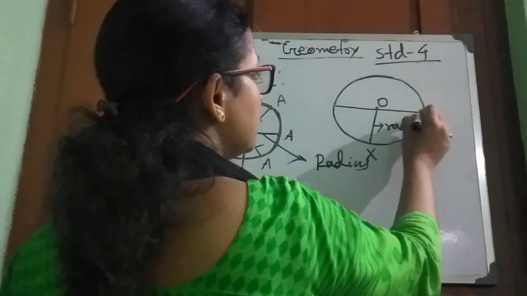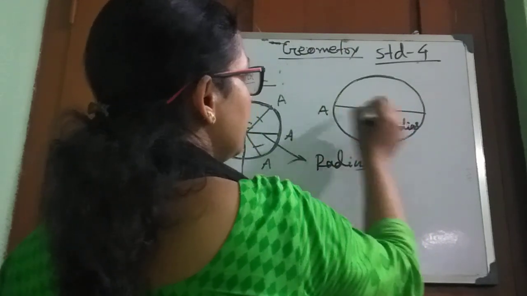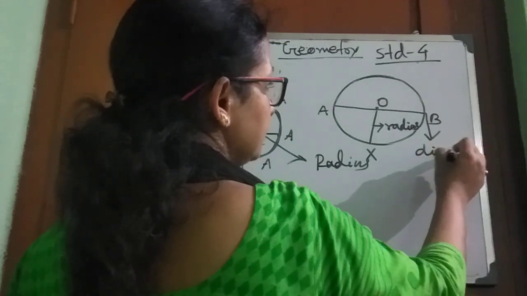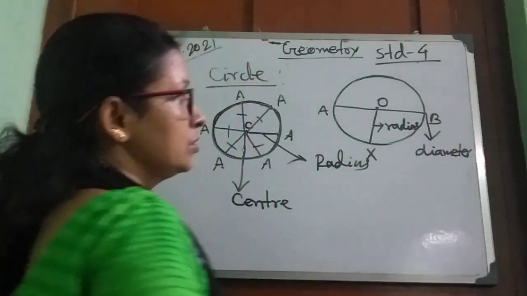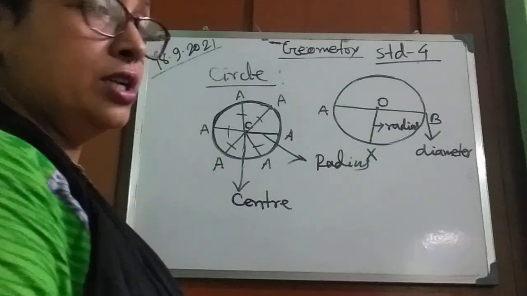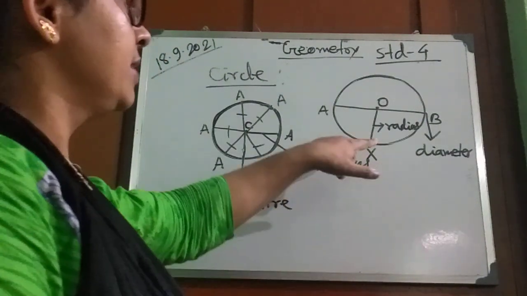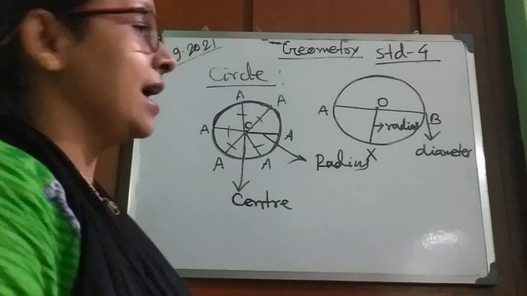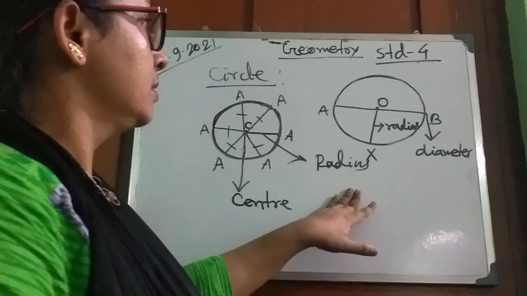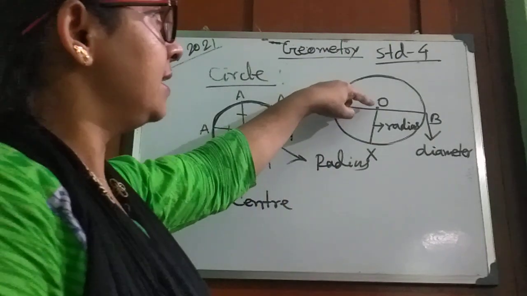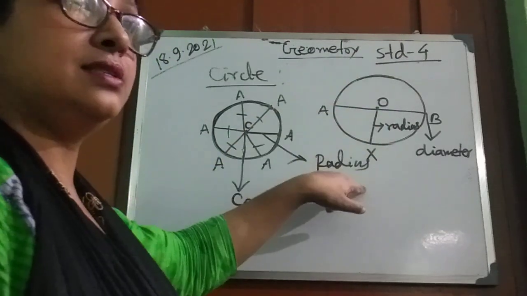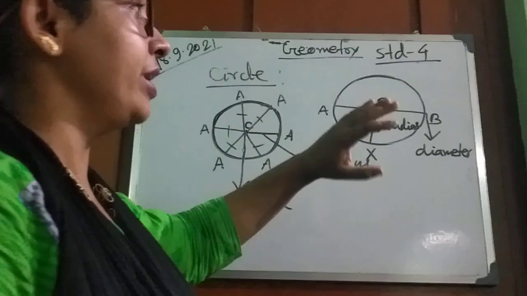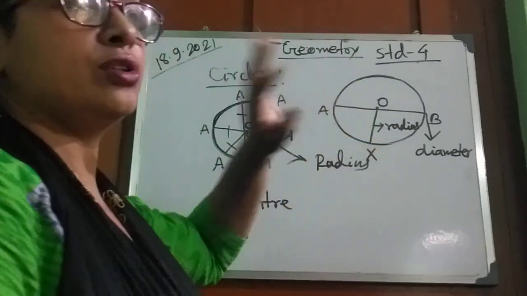If you draw AB, this is the diameter. In your book, according to your syllabus, the diameter, center and radius are given. The radius is a fixed line segment which is the distance between the center and any point on the circle.